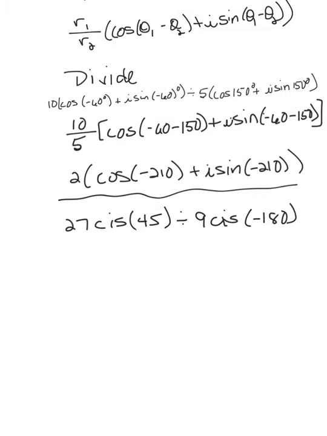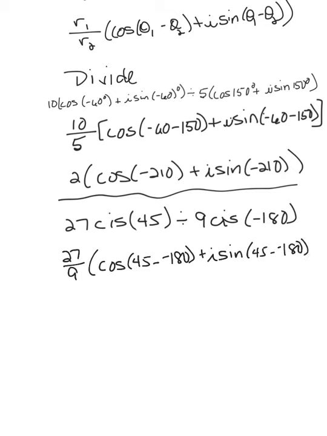On our second example, we take the r's divided by each other. So we take 27, the first r, divided by 9, the second r. We will have cosine of the first angle, 45, minus the second angle, negative 180, plus I times the sine of 45 minus negative 180.